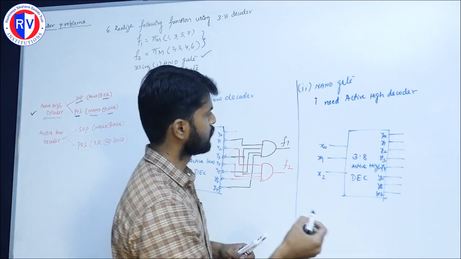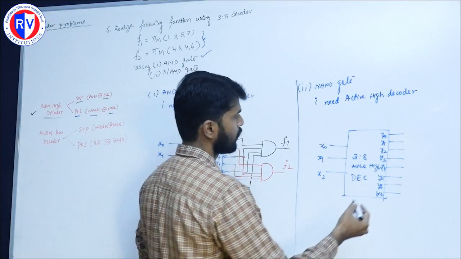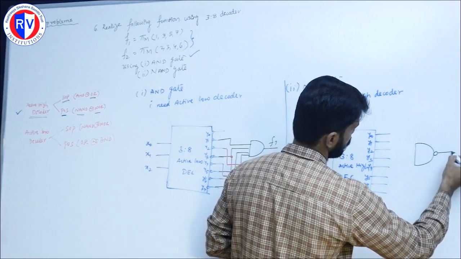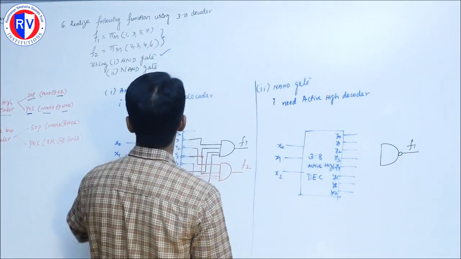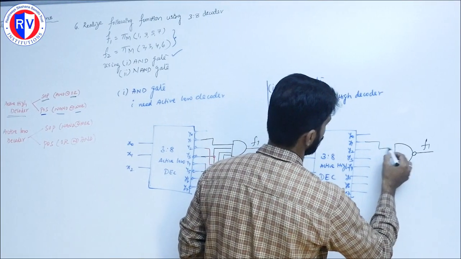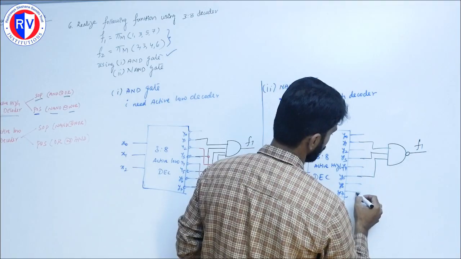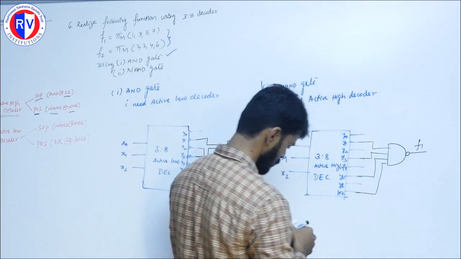In the output stage, first I will take one NAND gate for the function with outputs 1, 3, 5 and 7.